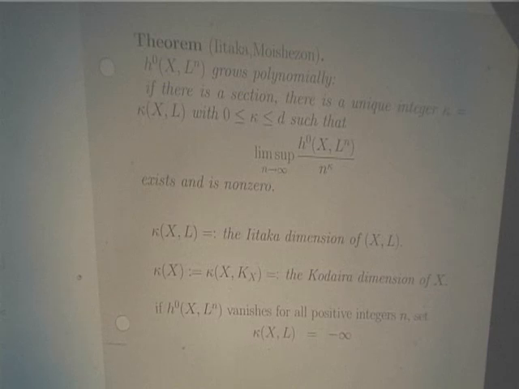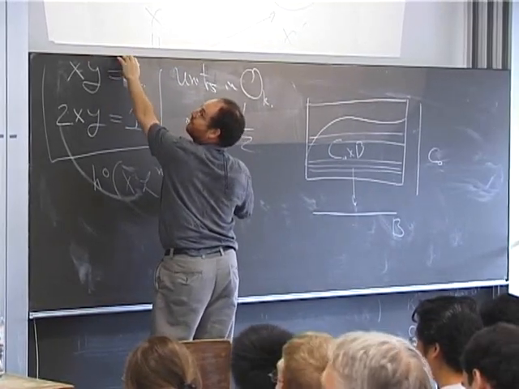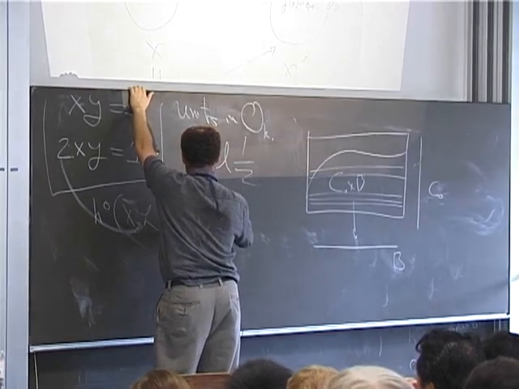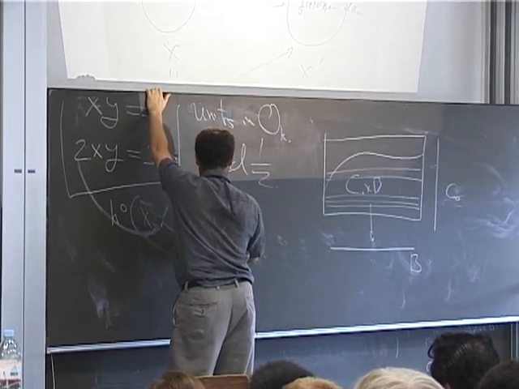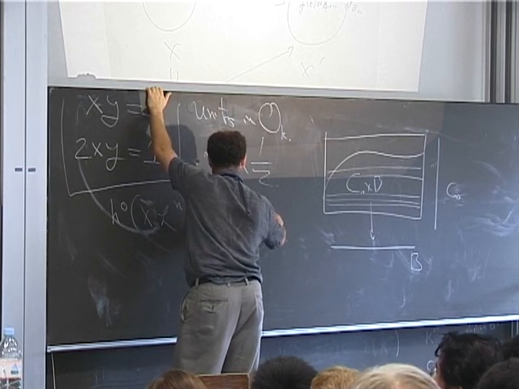So what I want to write is that h^0(X, L^n) is like n to some power kappa, times some coefficient, plus lower order terms.